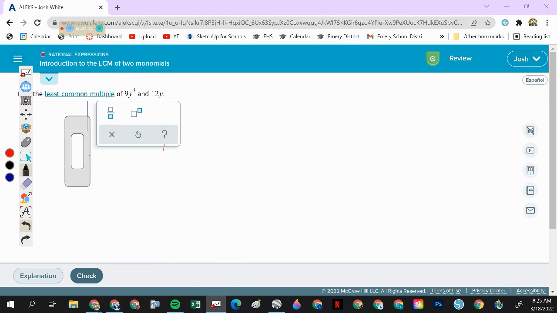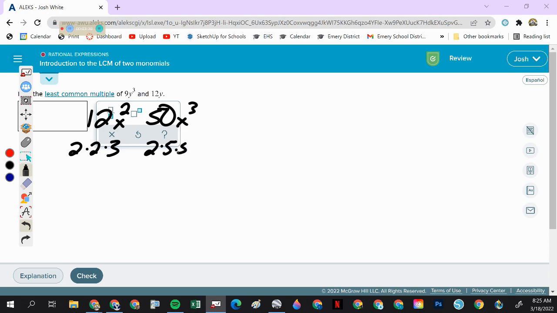So let's say I had 12x squared and 50x to the third. So 12 is 2 times 2 times 3, and 50 is 2 times 5 times 5. How many 2's do I have to put in my answer? Nope, I just choose the biggest set.